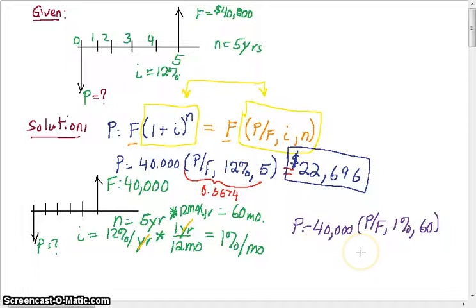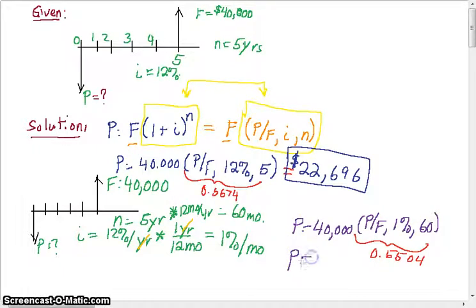And if we look that up in our table, our 1% chart, and we look up 60 here down the side, n is equal to 60. Here it is. And find P given F, I note that that value is 0.5504.